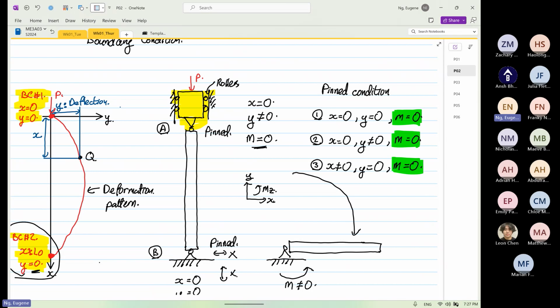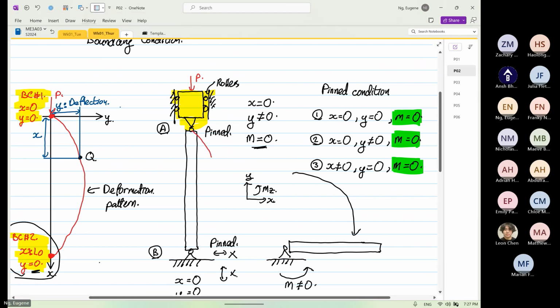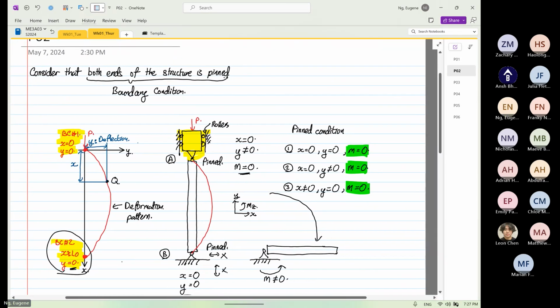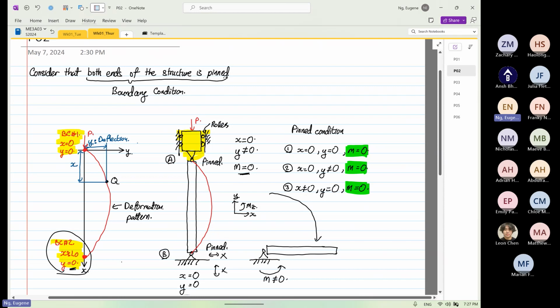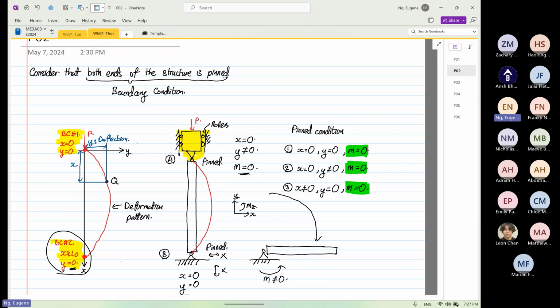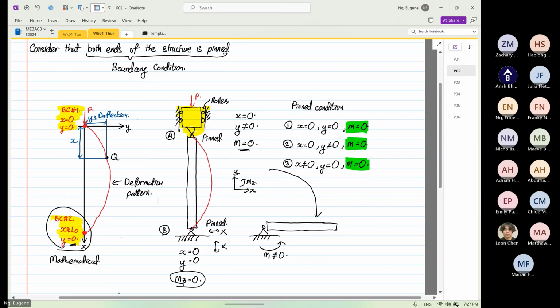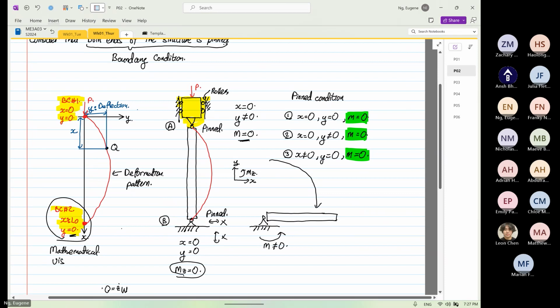Okay. So for moment to be equal to 0, the deformation will look like this, exactly like the deformation pattern on the left hand side of the image. On the left hand side is the so-called mathematical vision.